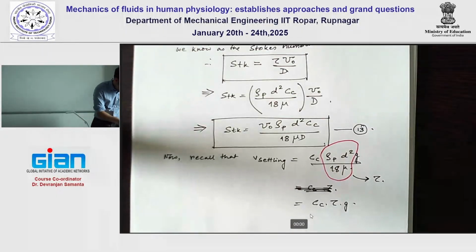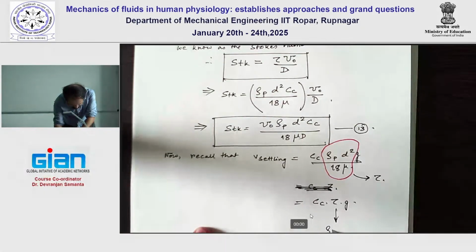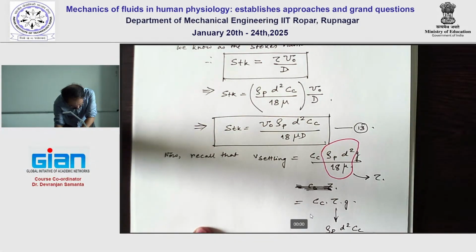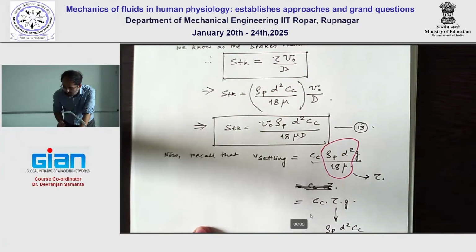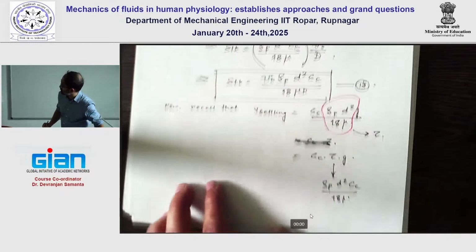Can you look at your notes? So tau is this. Tau is rho p d squared Cc over 18 mu. So tau does have the Cc, so we have to adjust for that.